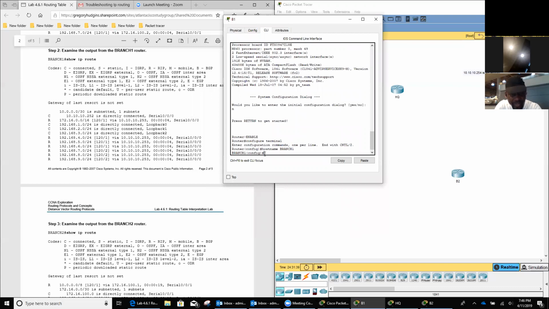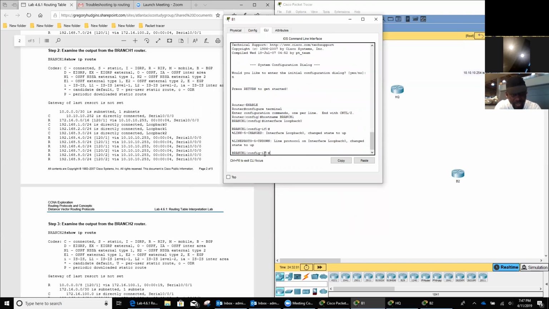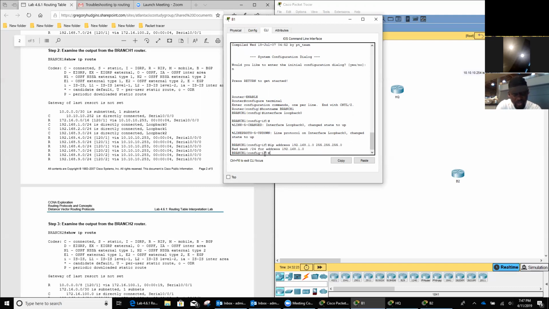If you want, you can do loopbacks first. 192.168.10.1.1. Oh yeah, I've got to remember that.